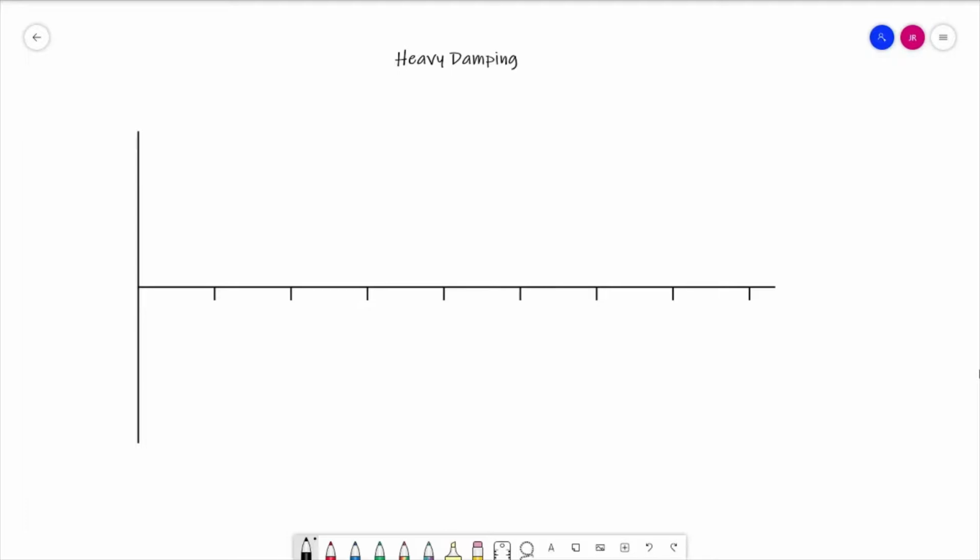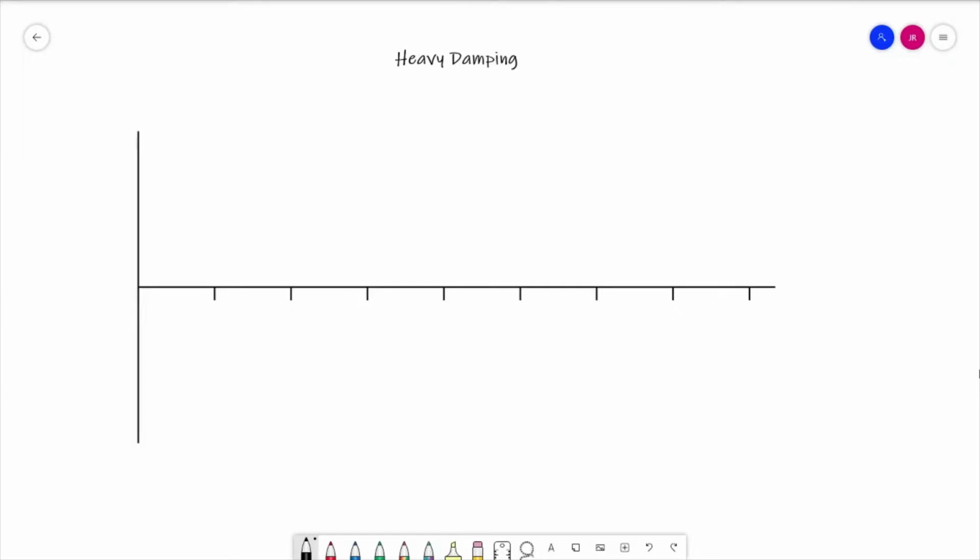Heavy damping occurs when any damping forces acting on the system are very large, where the forces acting are larger than the forces that are keeping the system moving, in theory, in simple harmonic motion in the first place.